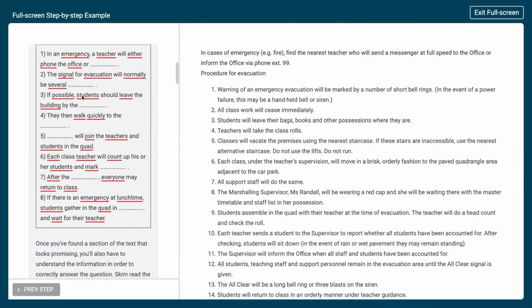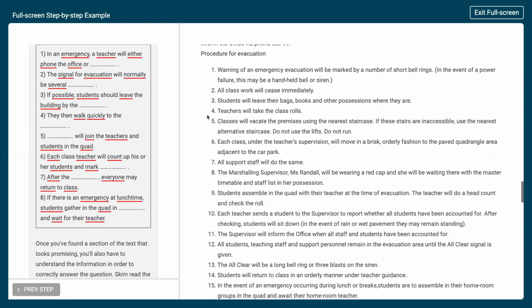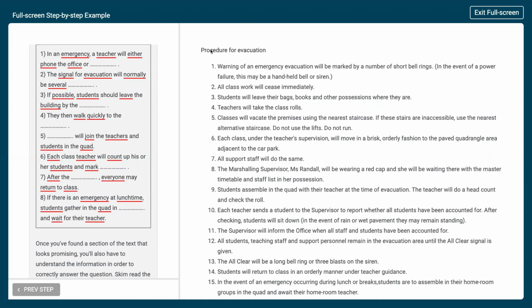All right, now number 2, we see the signal for evacuation. So I'm going to just scroll down here because I already see procedure for evacuation. I know everything is going to come in order. So let's just continue on. And it says, warning of an emergency evacuation will be marked by a number of short bell rings. And a number is a great synonym for several.